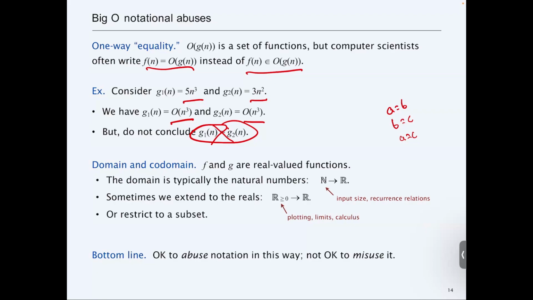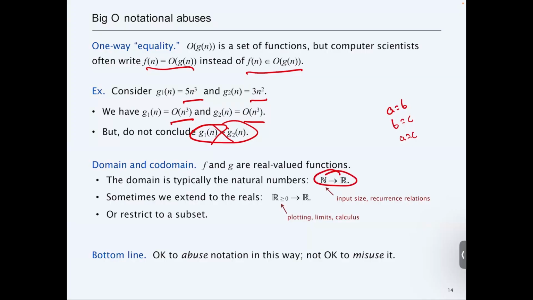Another subtle point with big O notation is the domain. In algorithms, and in this course, our input is usually going to count the number of things that we have. For instance, the number of vertices, elements, or edges, the size of an array, or the number of operations that an algorithm has. So our functions are usually defined on the natural numbers.